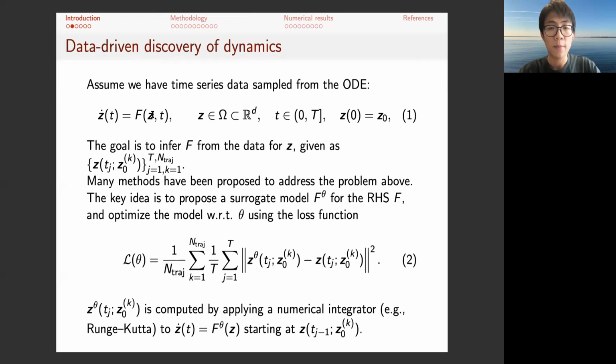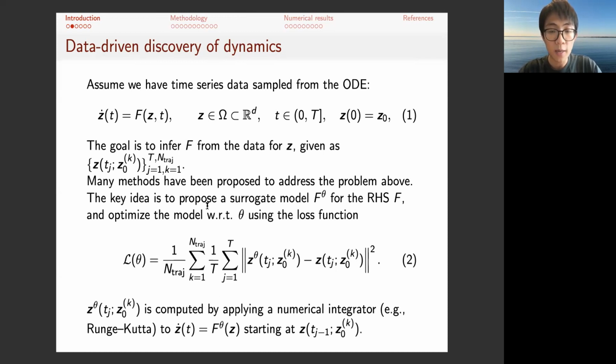Basically, the key idea is to propose a surrogate model f_theta for the right-hand side of the equation, and then optimize the model with respect to the parameter theta using the loss function given below.